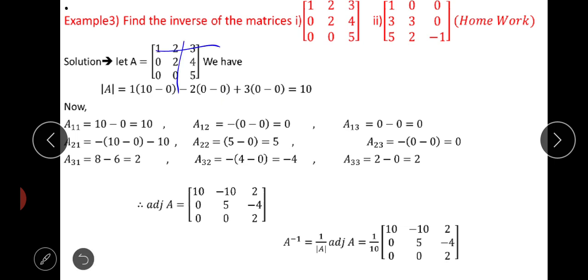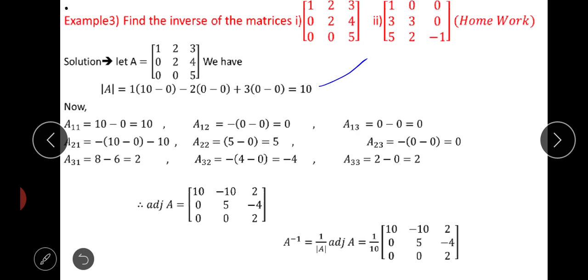If you delete this column and row, we get 0 into 0, 0 into 4, 0. Then plus 3 into, deleting this column and this row, we get 0 into 0, 0 minus 0 into 2, 0. So we get 1 into 10, that is 10.